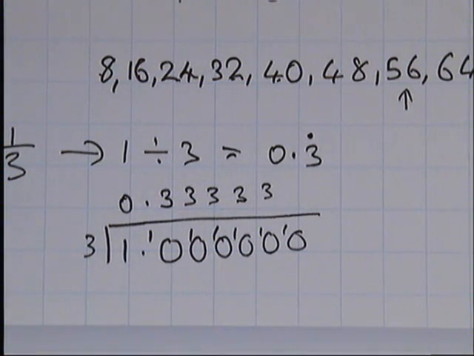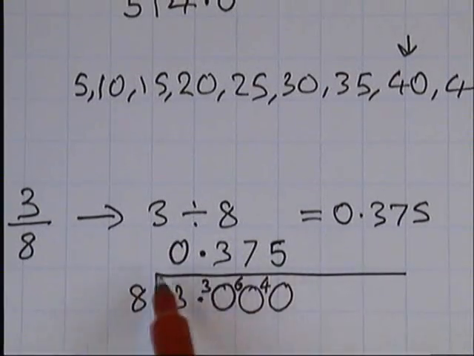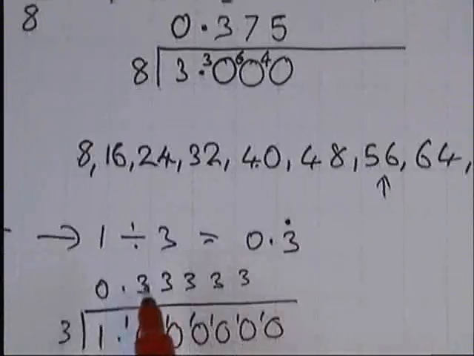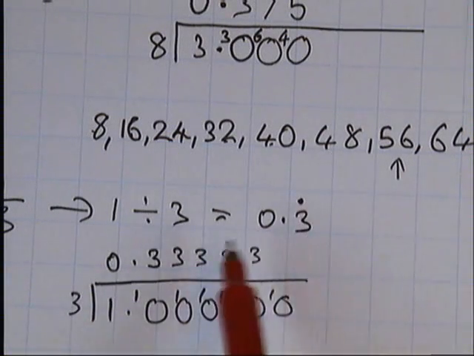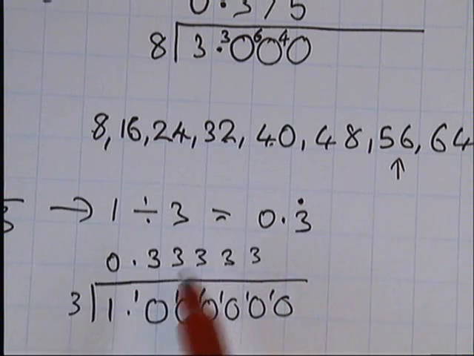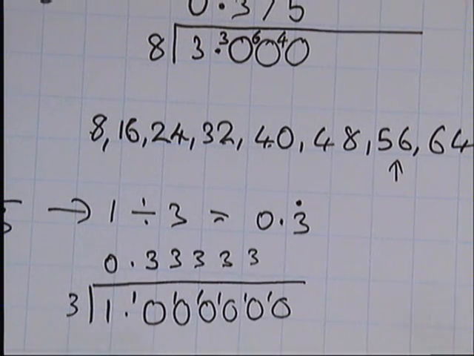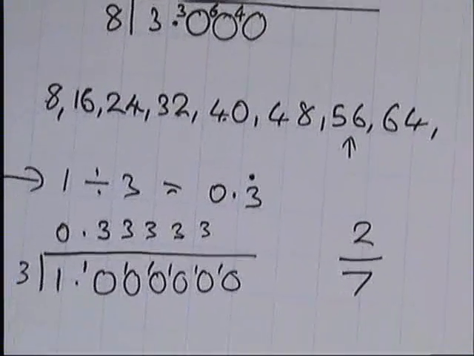So some fractions convert to terminating decimals, and some to recurring. This one will go on forever, so you just have to be careful. When you're doing these types of ones, look to spot the pattern. Sometimes the pattern isn't obvious, sometimes it is. Particularly if you are doing sevenths, 2 sevenths for instance. Maybe you want to try that one. The recurring pattern is quite large.